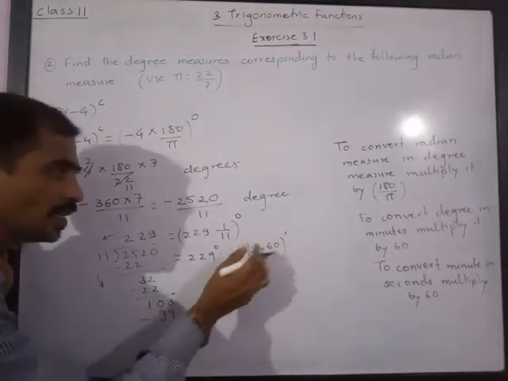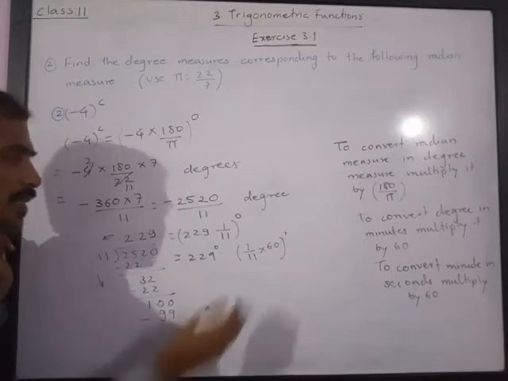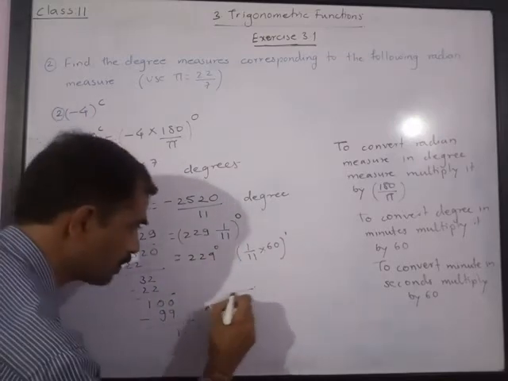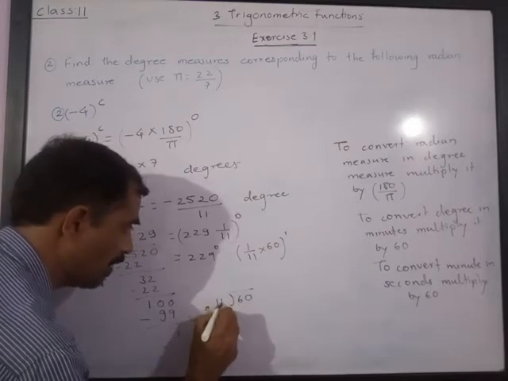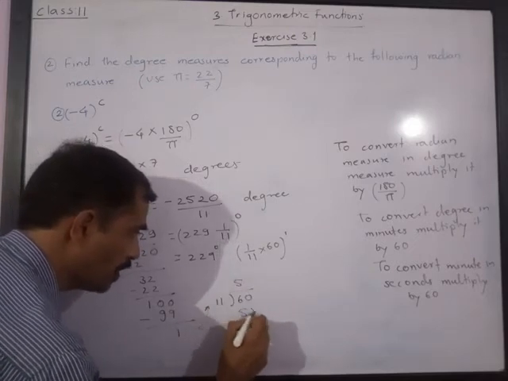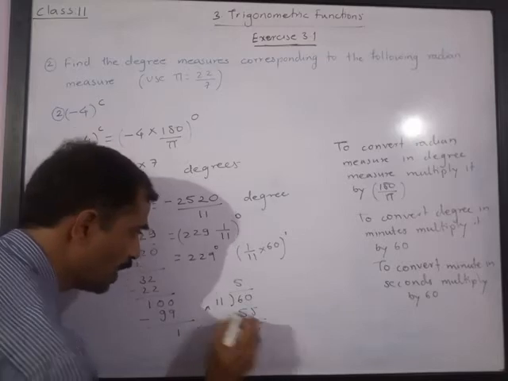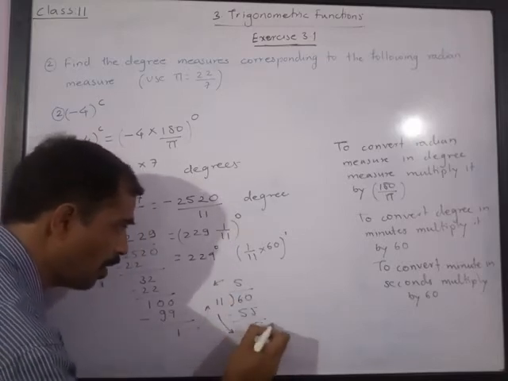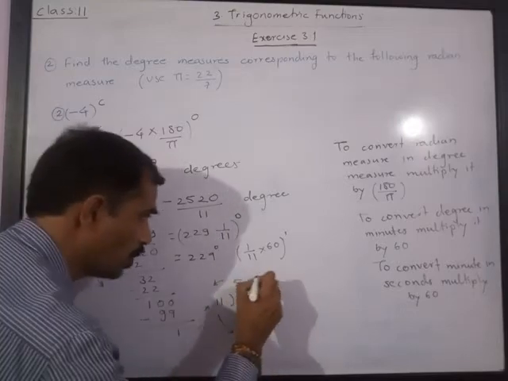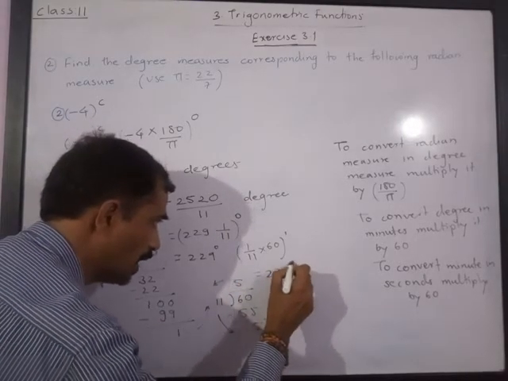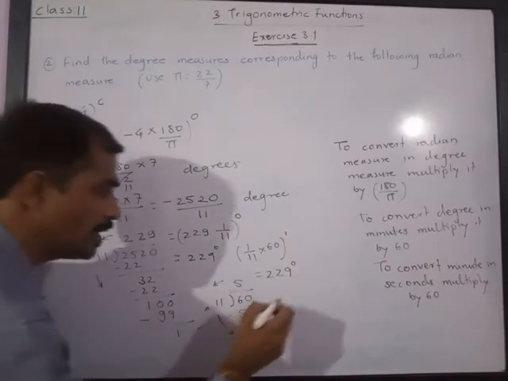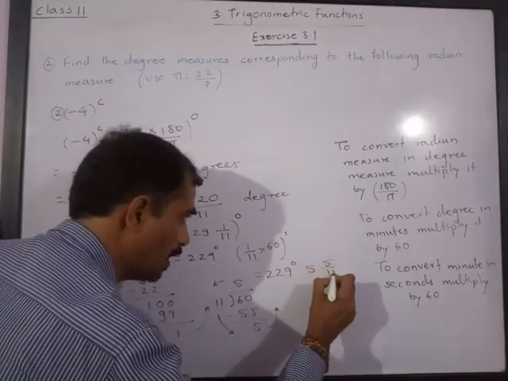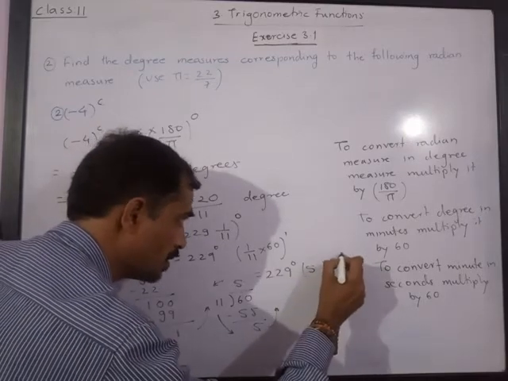This is not reducible, so we divide 60 by 11. 11 fives are 55, remainder is 5. It means it is 5 integer 5 upon 11. So this is equal to 229 degrees, 5 integer 5 upon 11 minutes.